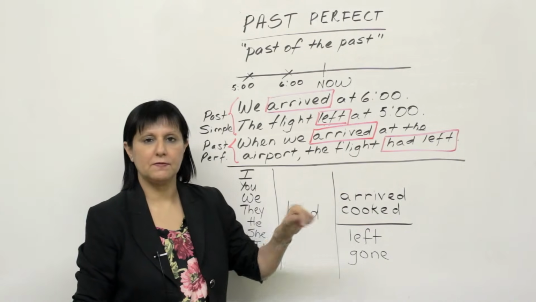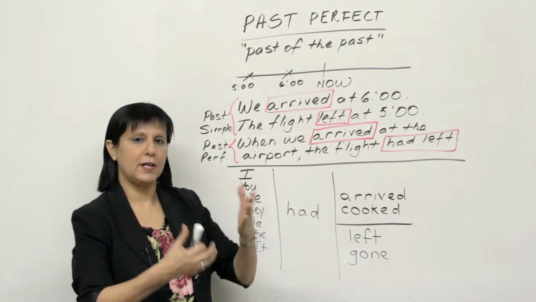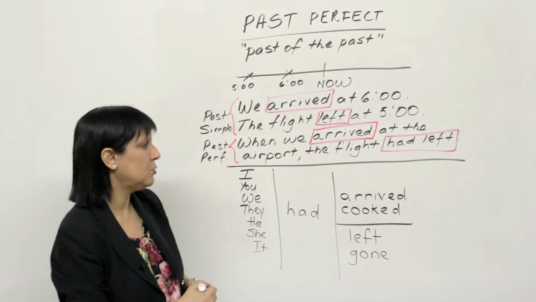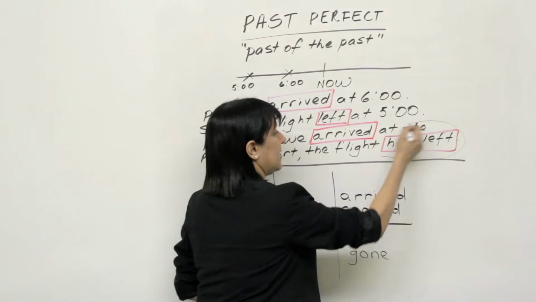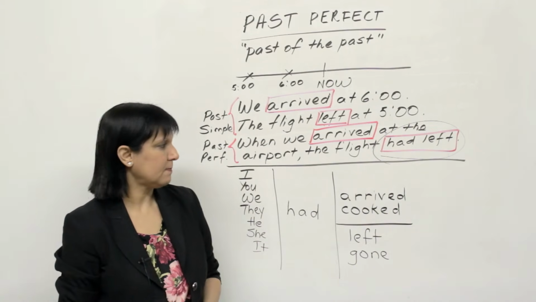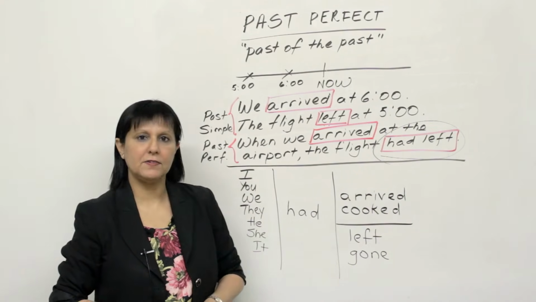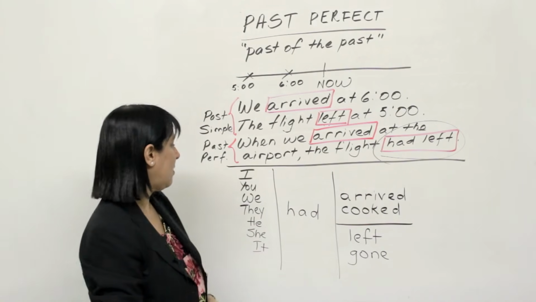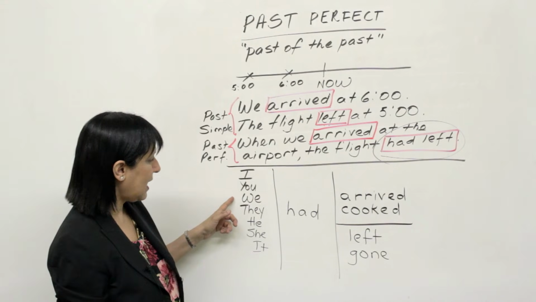The flight left at 5 p.m., right? So whatever happened first, that is the flight, we have to use the past perfect tense to describe. The flight had left at that time, okay? All right, now let's look at this.